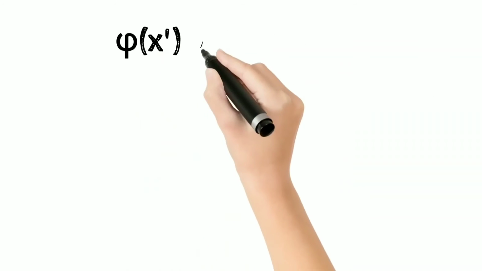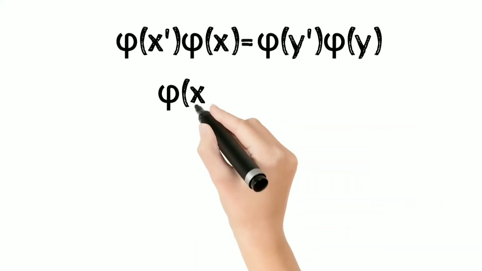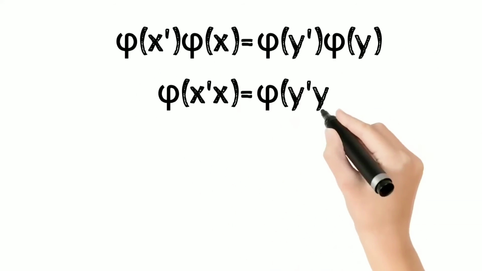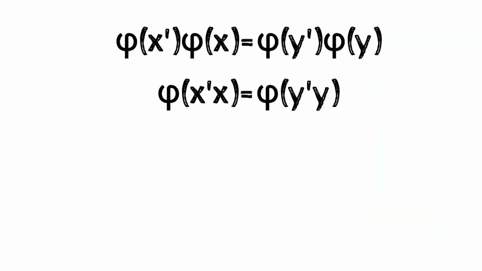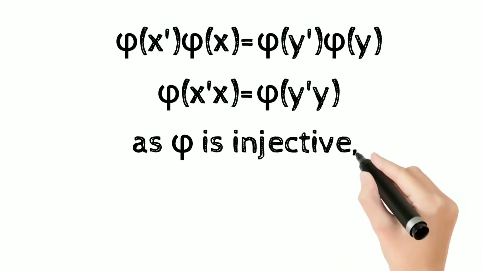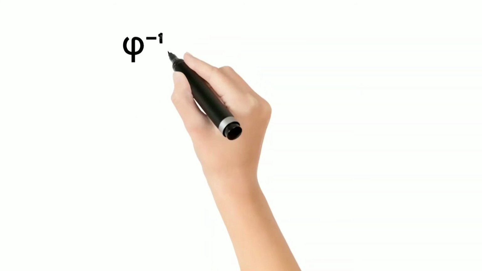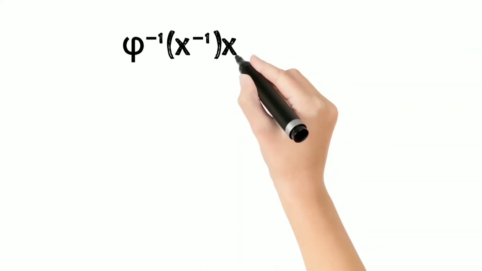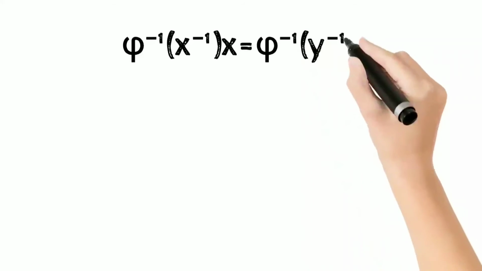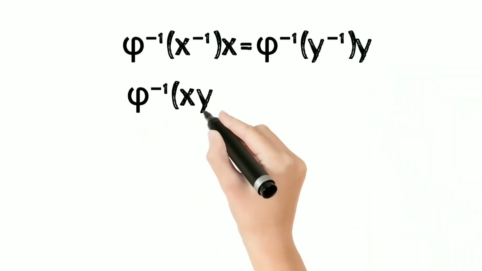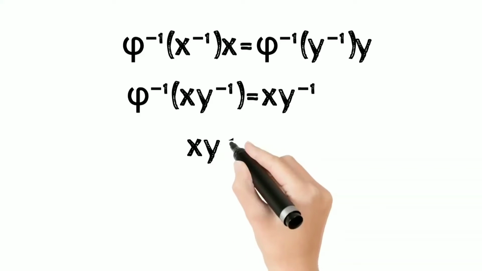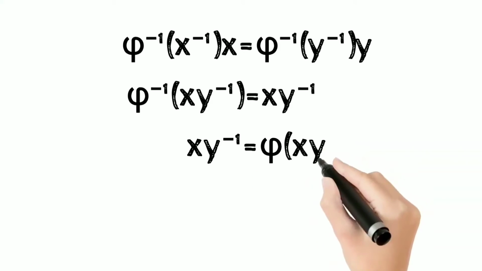So you get phi of x dash x equal to phi of y dash y by the property of homomorphism of phi, which implies x dash x equals y dash y. Because phi is 1-1, we can write x dash as phi inverse of x inverse and y dash as phi inverse of y inverse. Now separating x and y, we get phi of x y inverse equals x y inverse.